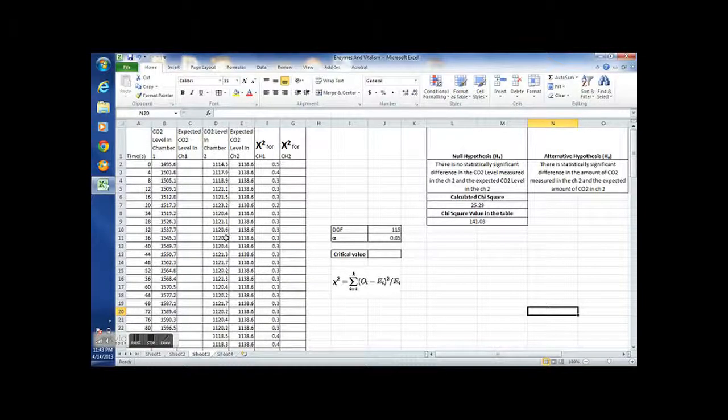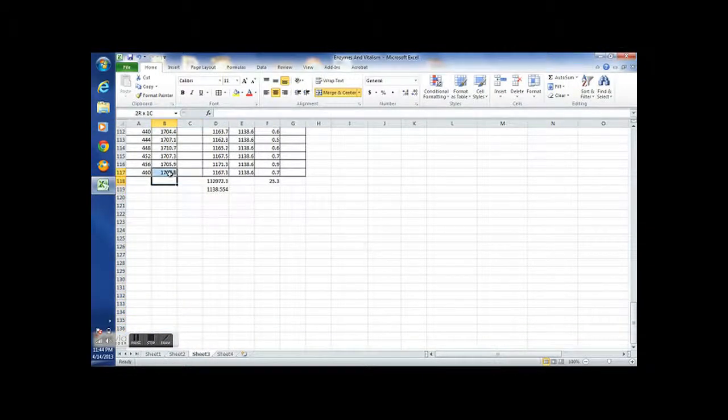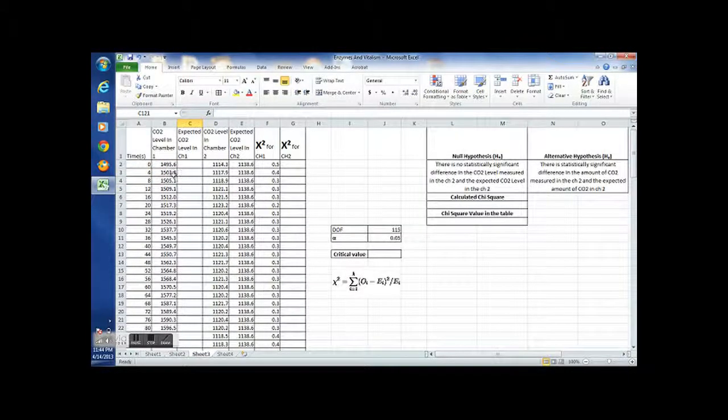Alright, now I'm going to do the same thing for chamber 1. I will clear these tables so I don't do the same thing again. Now I'm doing the same test for chamber 1. First, I will calculate my average.